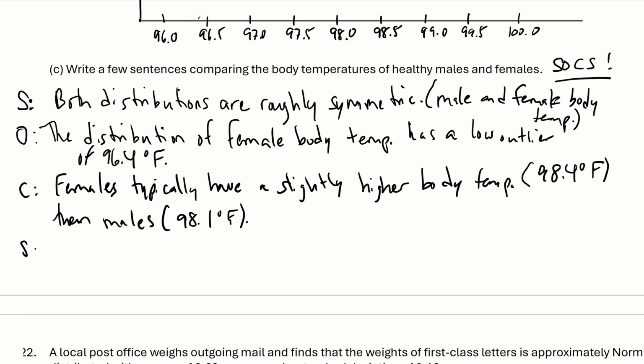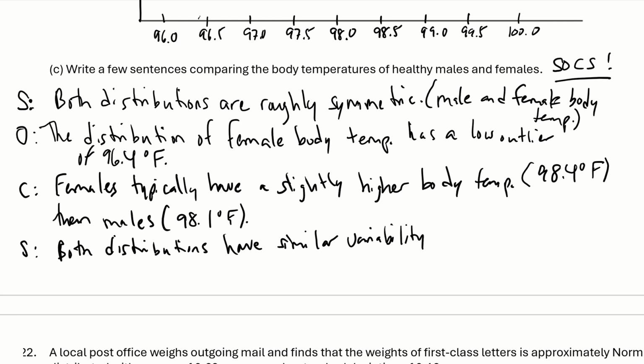All right, and then the S is the spread. So to talk about the spread, both distributions have similar variability or spread. You could say spread or variability. We can talk about the IQRs.